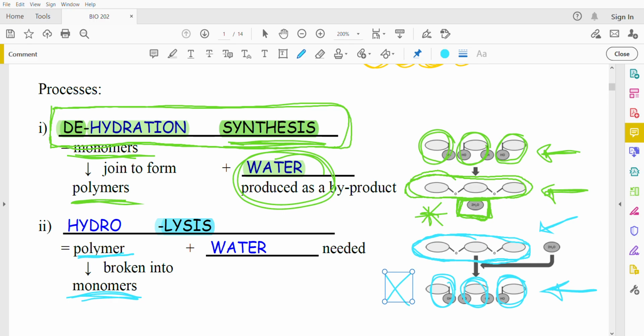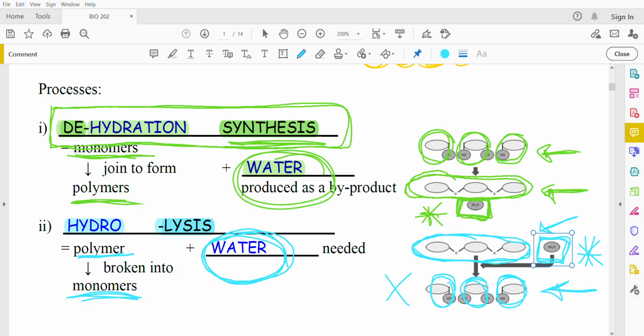And let's look at the other part of the name of this process. There we see again this term hydro. Well, the term hydro in this context tells us that to break this polymer into monomers, we actually need water. That's essential for that to happen.